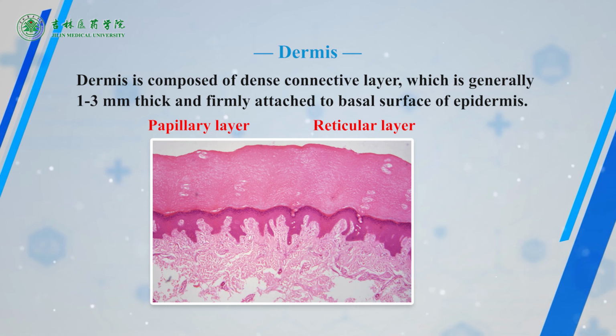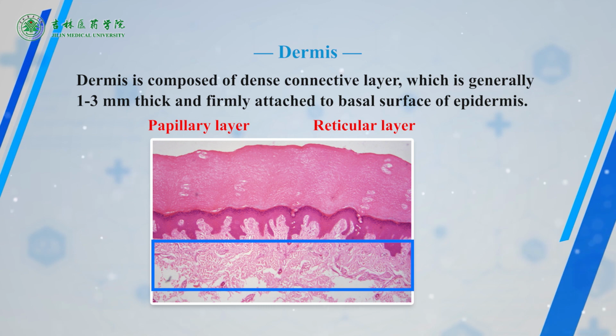Reticular layer is dense connective tissue with coarse collagenous fibers and fewer cells. Elastic fibers with numerous collagenous fibers form dense network, contain blood vessels, lymphatic vessels, and no fibers. Skin appendages appear here, including sweat glands, sebaceous glands, and hair follicles.